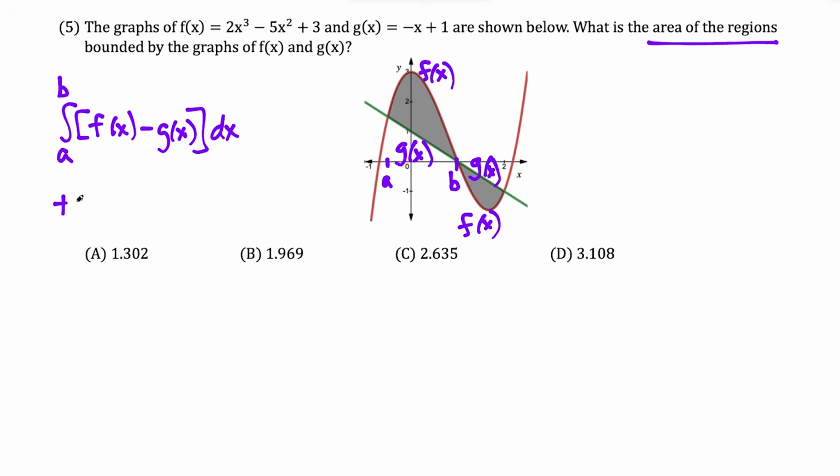Then we would add, and let's say the end happens at C, even though the graph is telling us it's going to happen at 2. Then we would have the integral from B to C of the top function in this region, g of x, minus the bottom function, f of x. If we use this idea, that will tell us the area of both regions.